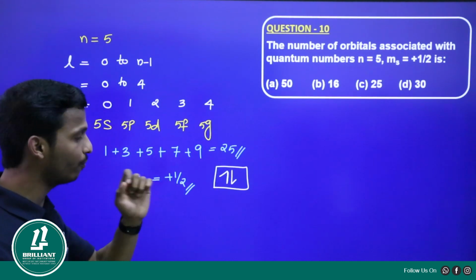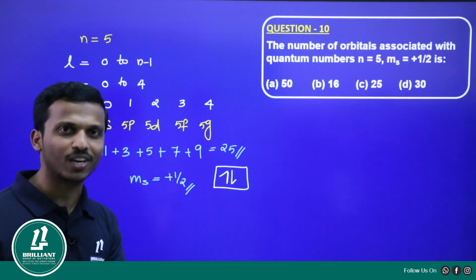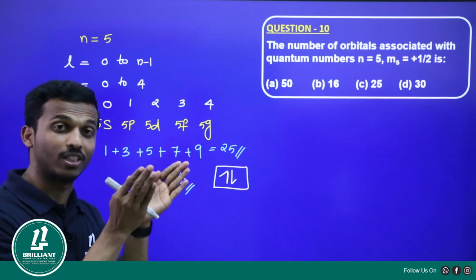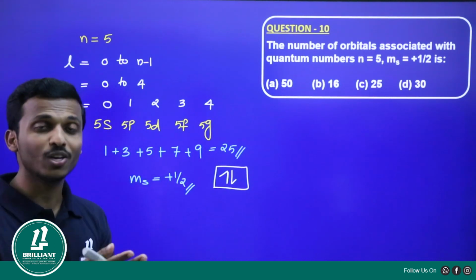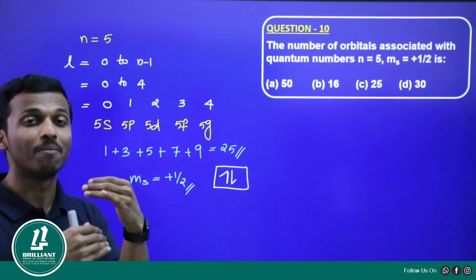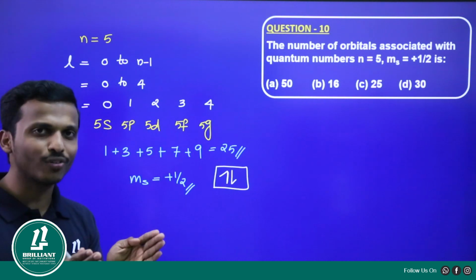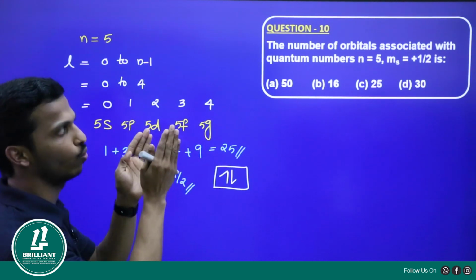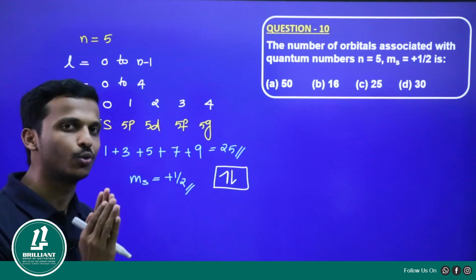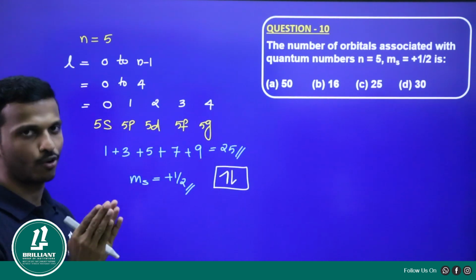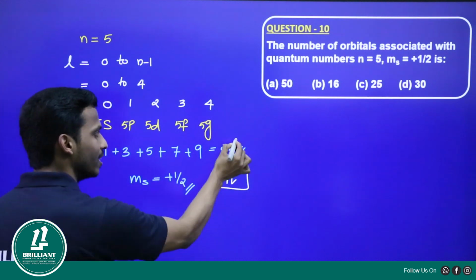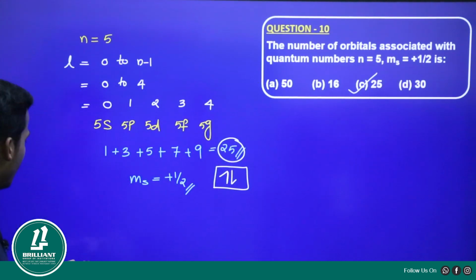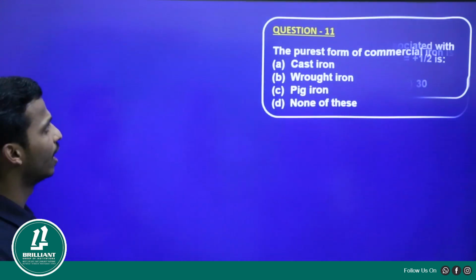Among those 50 electrons, half, that is 25 electrons, will have plus half spin, and the other 25 will have minus half spin. So the number of electrons with n equal to 5 and ms equal to plus half also will be 25. So for the question on the number of orbitals, no doubt, the answer is 25, that is option C. Right? Now let's go to question number 11.